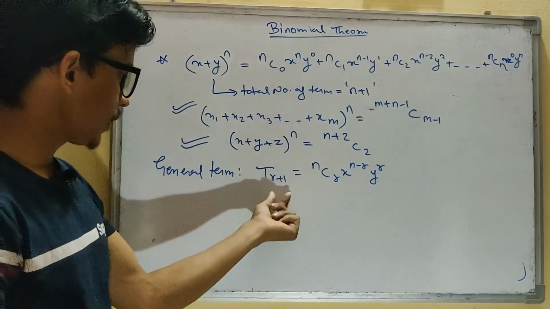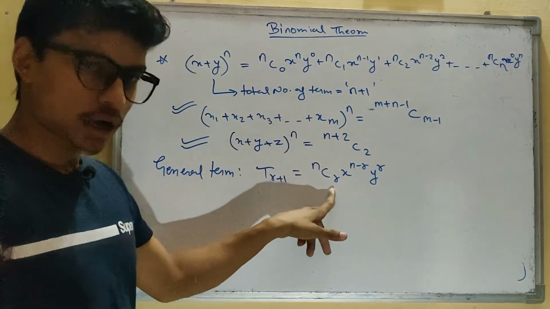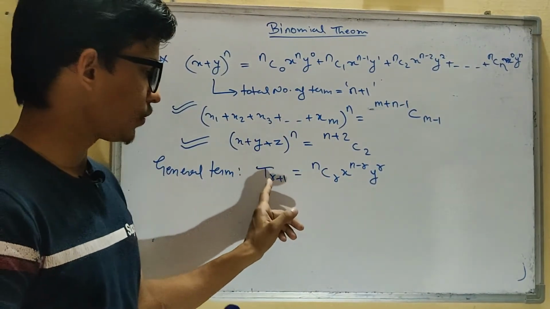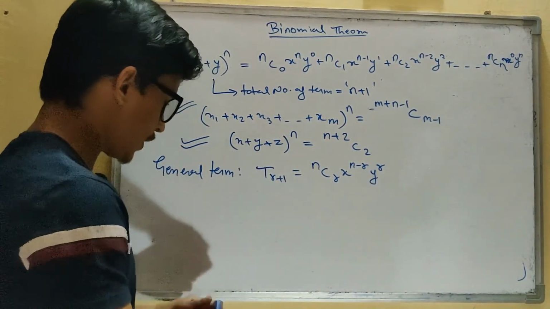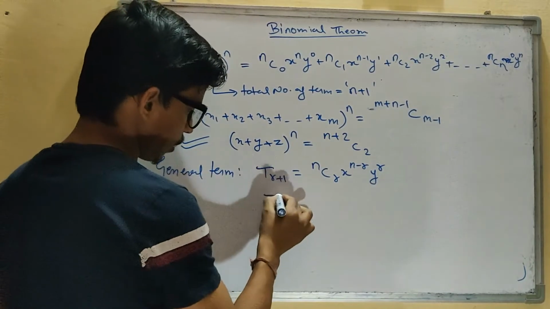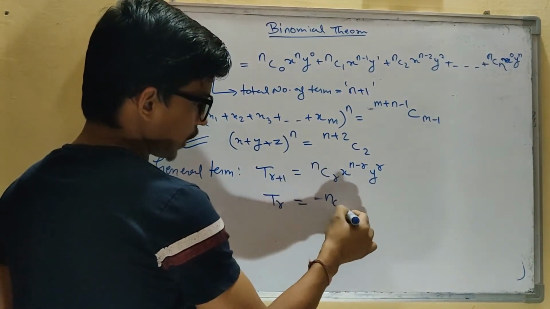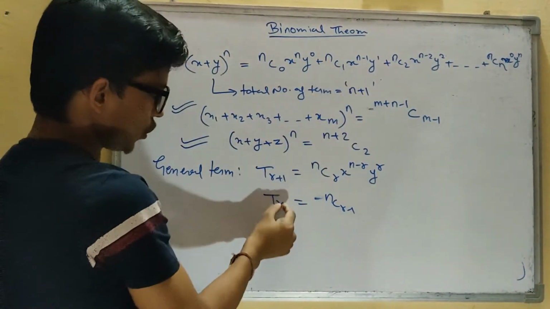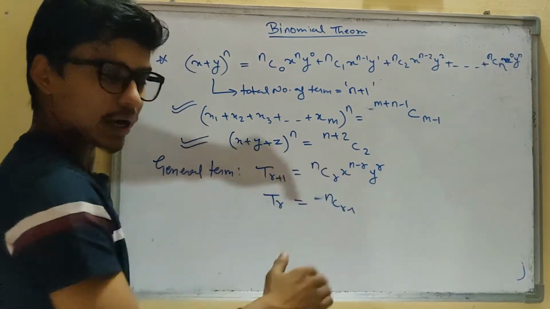So if I want the r plus 1th term, then for the rth term it should be 1 less, right? But if you write it like T r, then it is going to be nC r minus 1, because according to this, if it is the rth term, then there should be r minus 1.